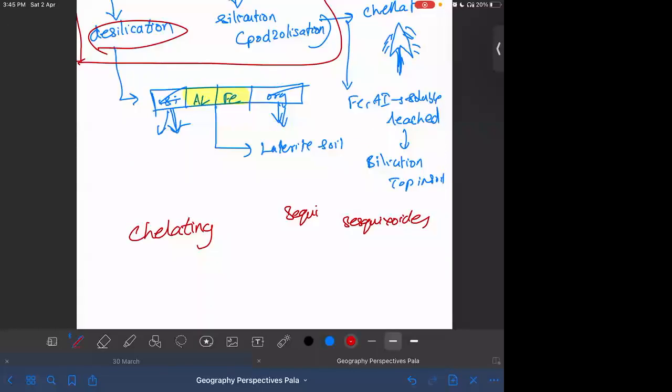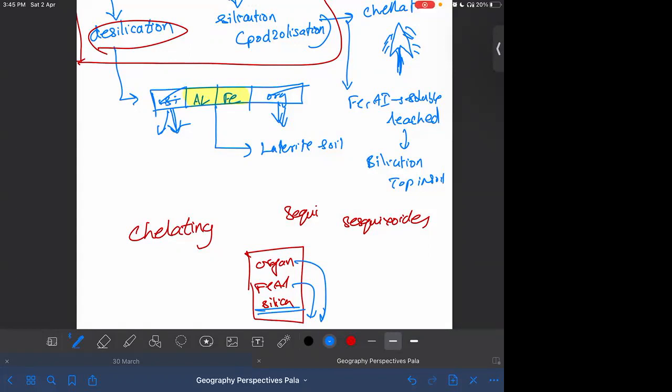We have to draw a diagram: organic, FeAl, silica. All these are taken down. Silica remains. The soils get enriched in silica and become acidic because of the leaching of bases.